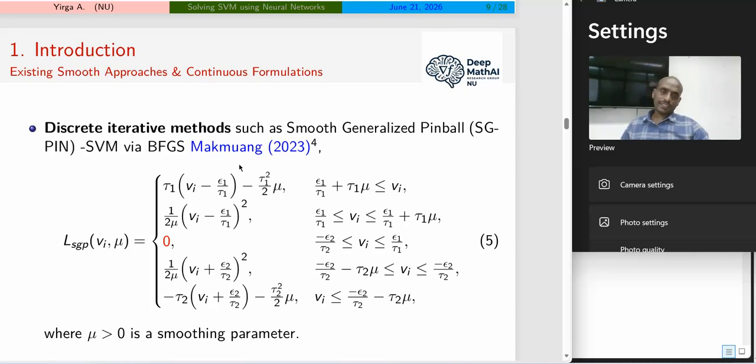Mark Monk and his co-authors proposed a method called the smooth version of the generalized pinball loss, which is given by this formulation 5. This is smooth, but there are some problems with this also. It uses the traditional BFGS method of solving.